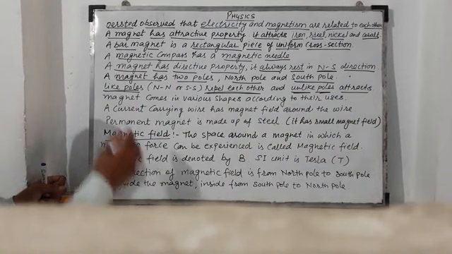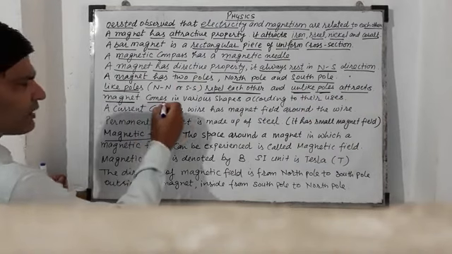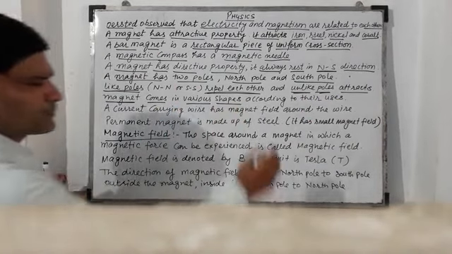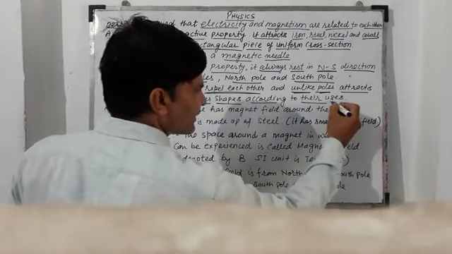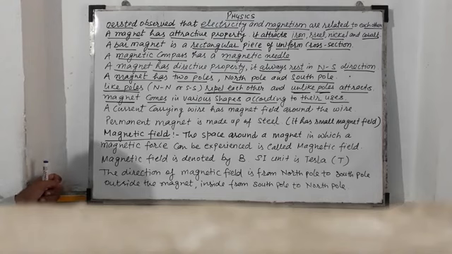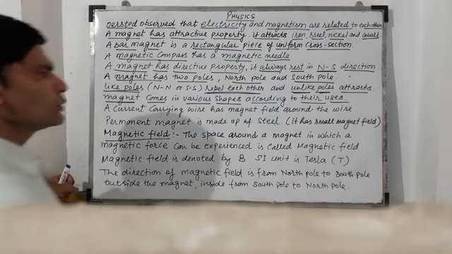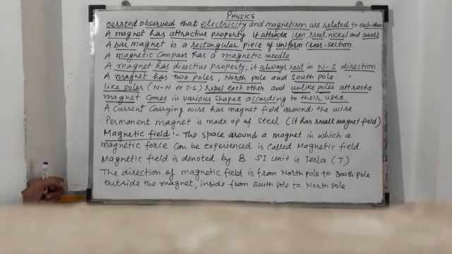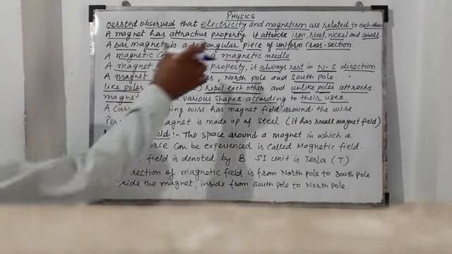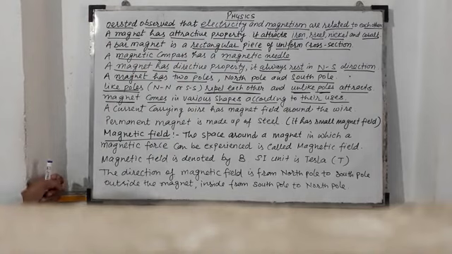Now, a magnet comes in various shapes according to its use. It depends on the use what the shape of a magnet is. It may be a bar magnet, meaning a rectangular piece. It may be a U-shaped magnet, a circular magnet, an oval-shaped magnet and many more.